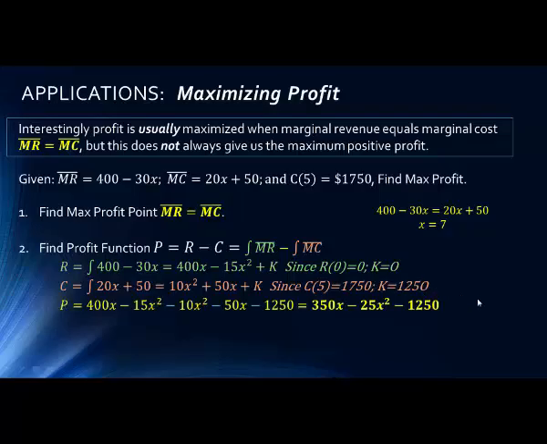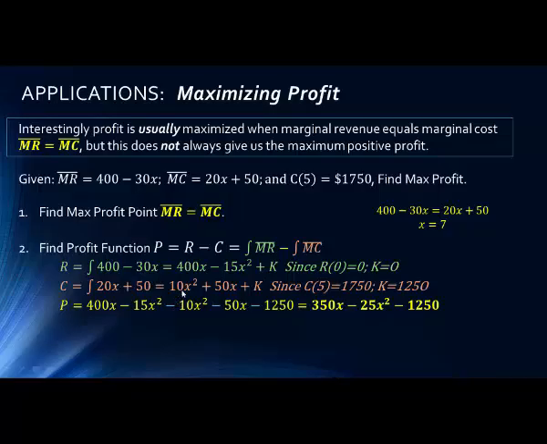So we have this. So our profit function, now be careful here, is 400x minus 15x squared. Remember, the k is gone. That's this part here, minus the entire cost function. So every one of these terms is minus. And this is where a common mistake happens.